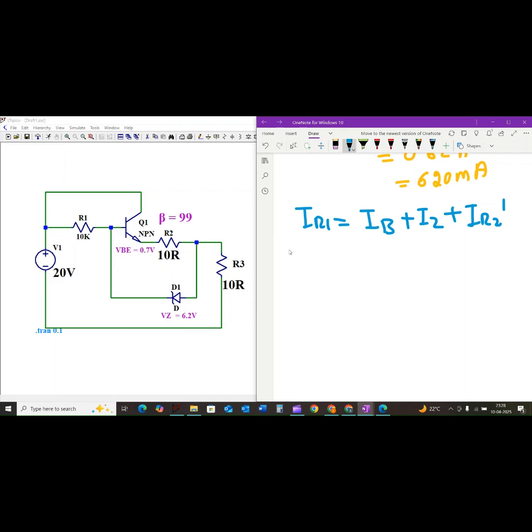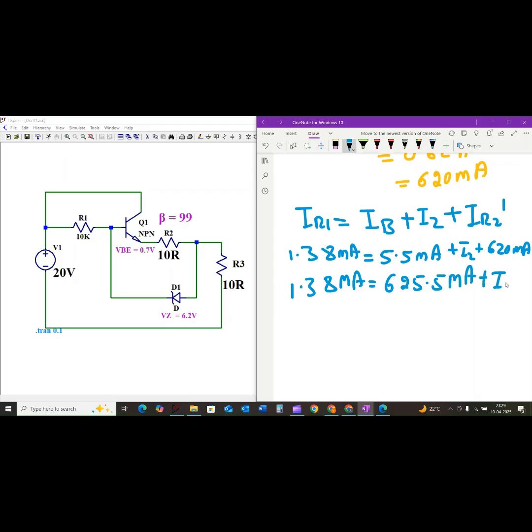When we plug this value into this formula, 1.38 milliamps is equal to 5.5 milliamps plus IZ plus 620 milliamps. That is equal to 1.38 milliamps is equal to 625.5 milliamps plus IZ.